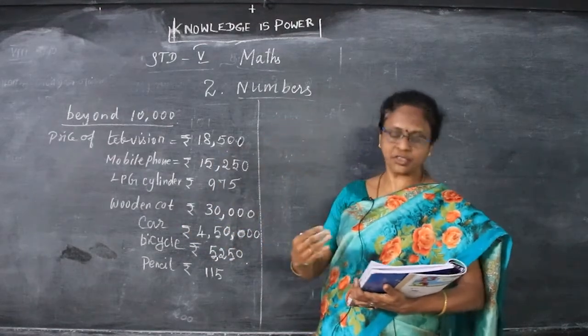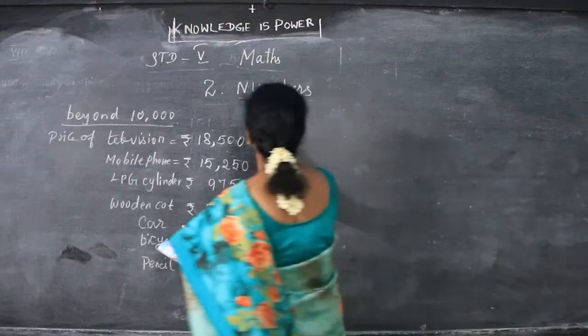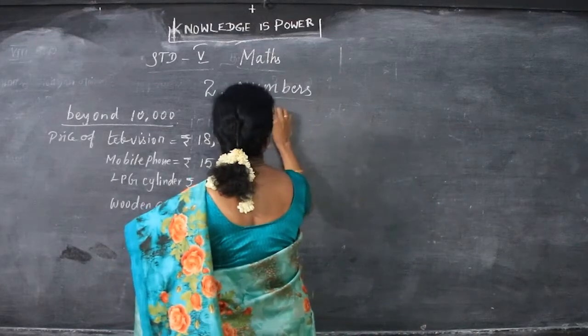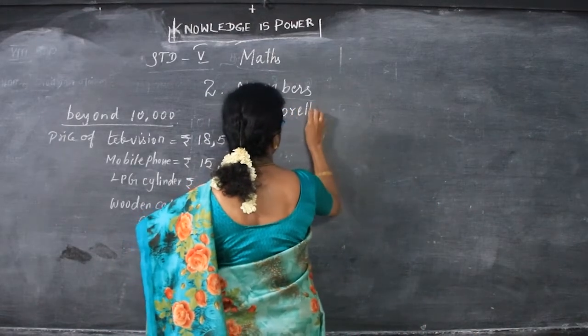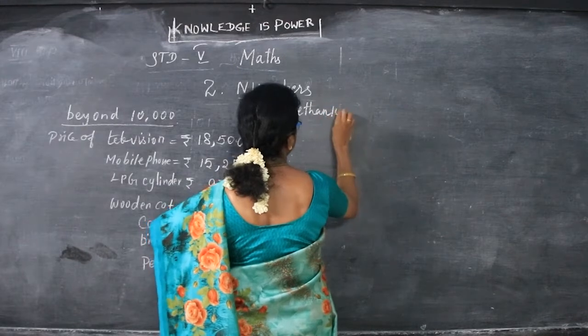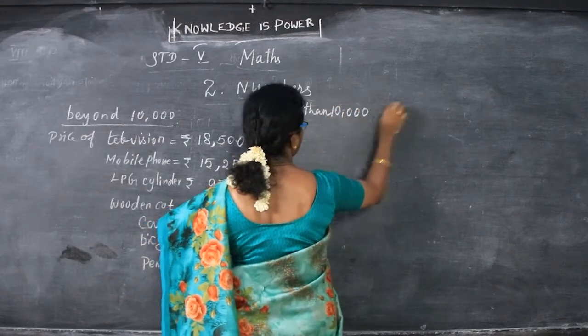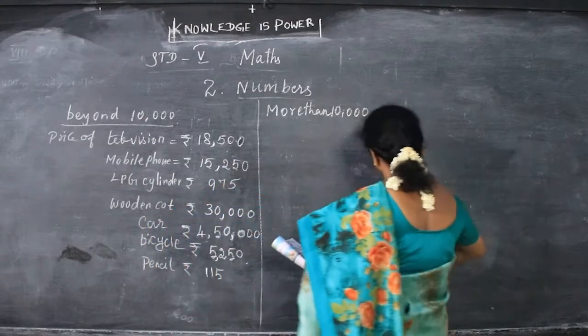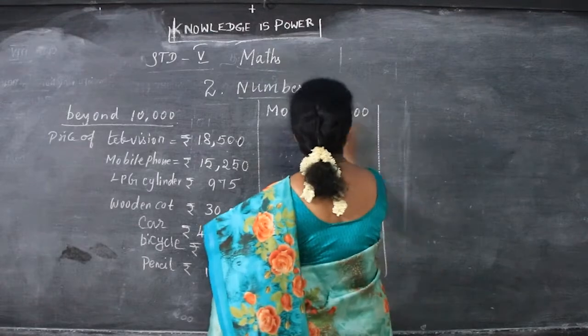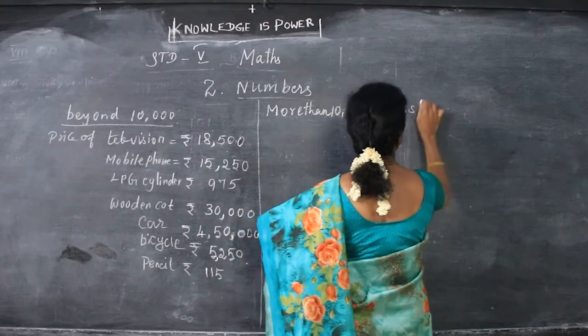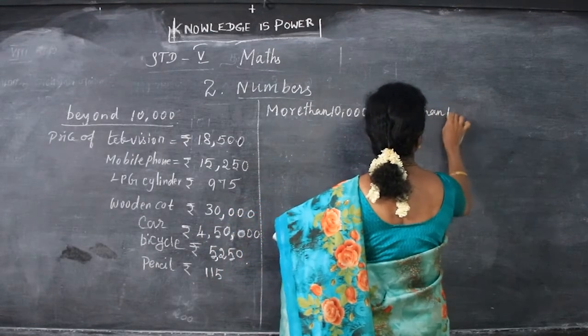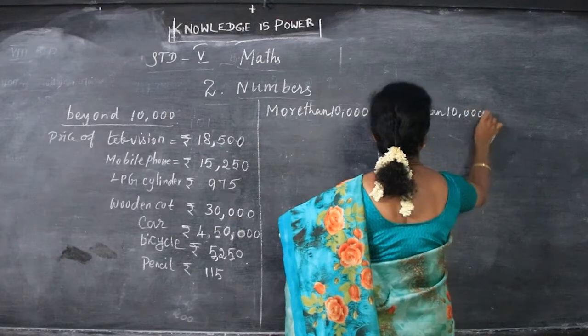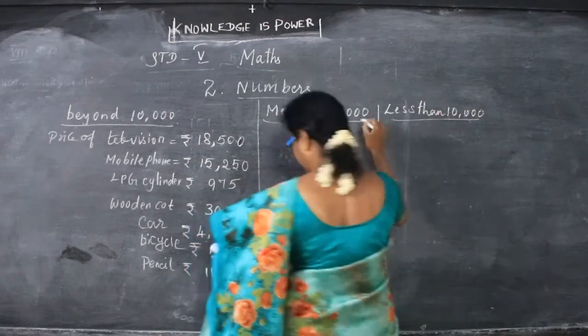Now we will see more than 10,000, and less than 10,000.